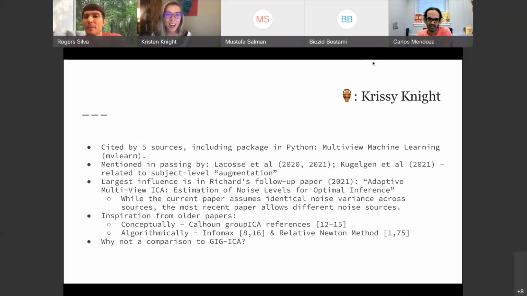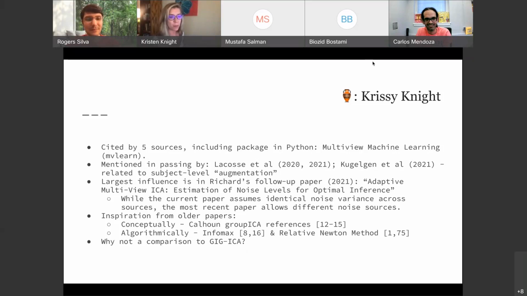All right, so this is still pretty new. When I looked to see how many times it's been cited, it was 5 times from what I saw. Part of that is a very good package in Python called Multiview Machine Learning. I don't use Python very much myself, but it's always good when there's a package to go along with a new method.